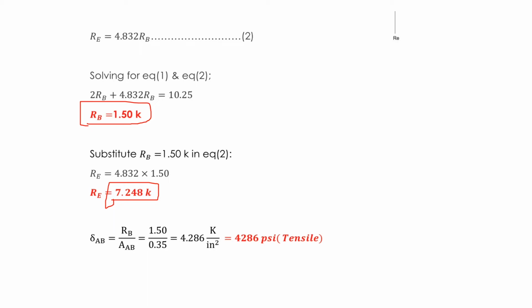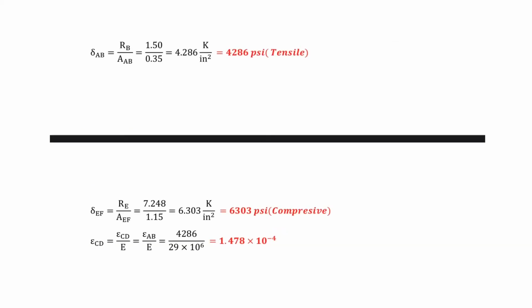First thing is stress AB, which is equal to RB over AB. RB is 1.150 and the given area A to B is 0.35, so we come up with 4,286 pounds per inch squared. It's tension. And then stress EF is RE over AEF, where RE is 7.248 and the given area is 1.15 inches squared, so we come up with 6,303 psi compressive.